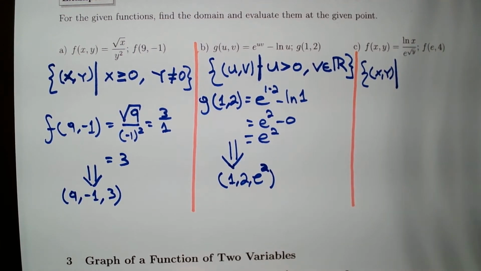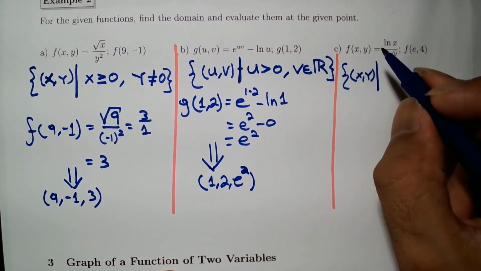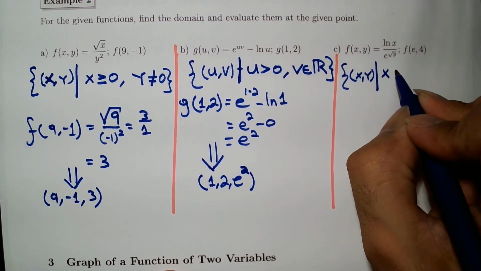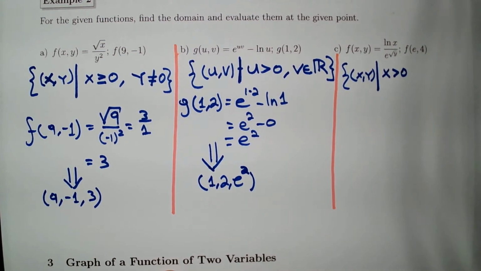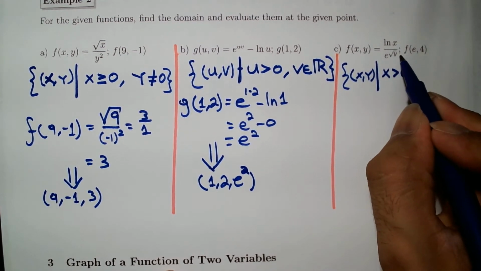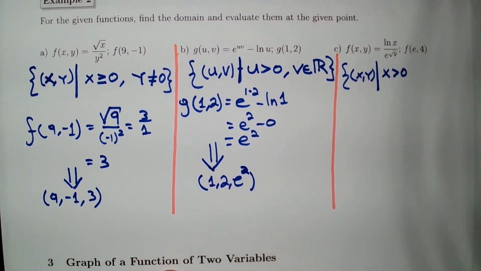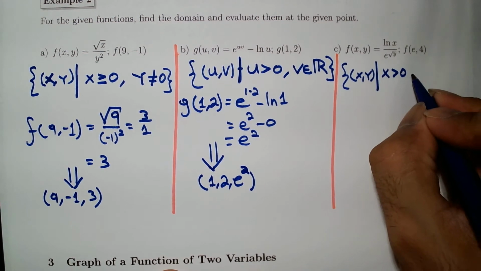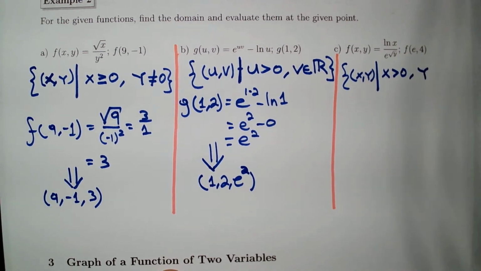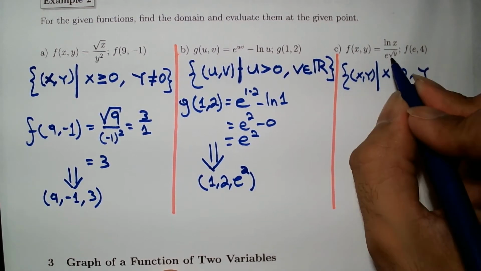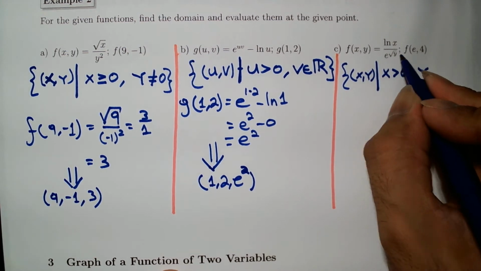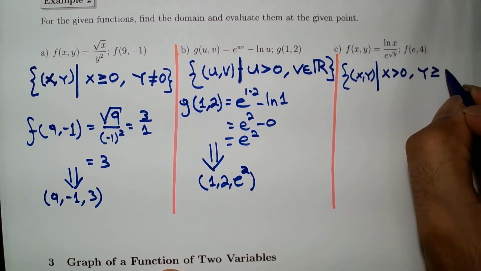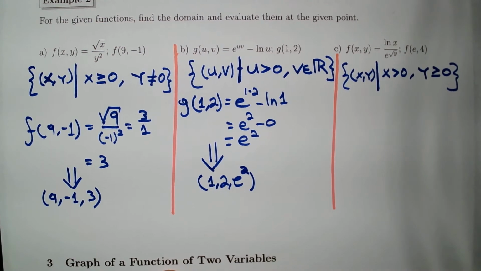Notice it is part of a logarithmic function, so I need to restrict that to have x greater than 0 only. And the y, notice how it is inside of a radical function. So in this case, y can take any value that is 0 or positive.